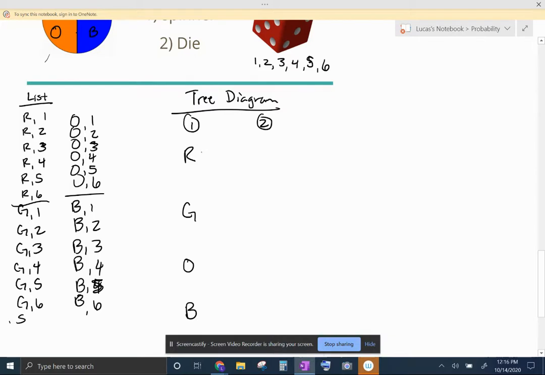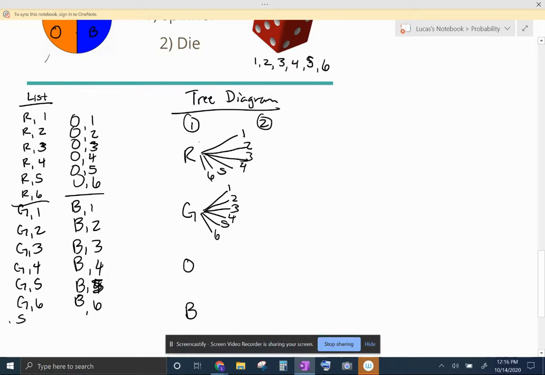But if I spin a red first, I can get a 1, and then I can also get a 2, and then a 3, and then a 4, and then a 5, and then a 6. And then if I spin the green first, I can get a 1, 2, 3, 4, 5, 6.